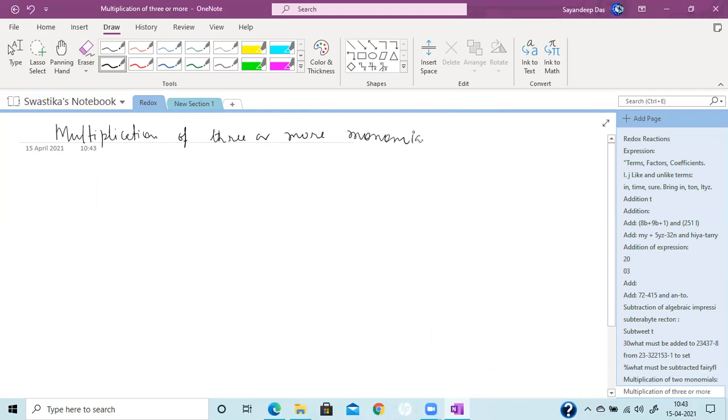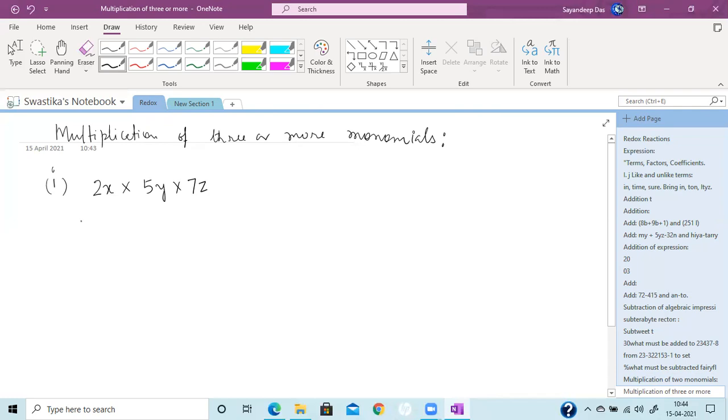By this time, all of you know what a monomial is. Now let us take one example. We have 3 monomials. Suppose one is 2x, second one is 5y, and third one is 7z.